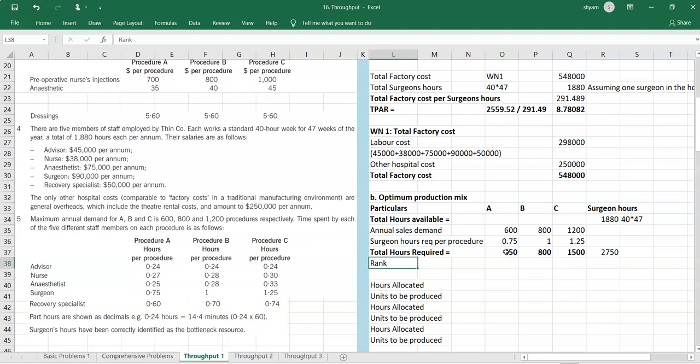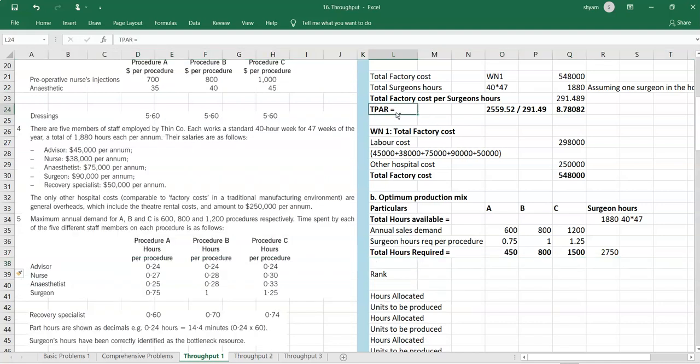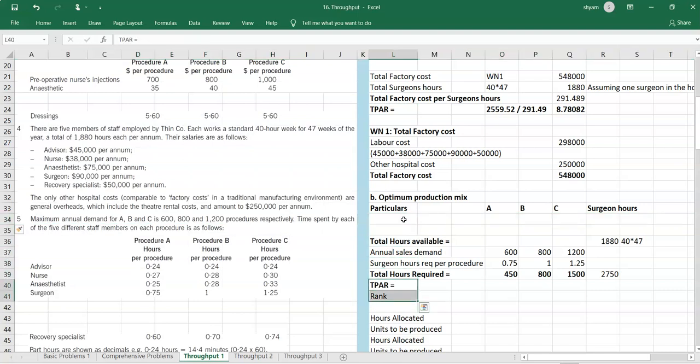We have to also find out the rank. Better we first get the TPAR and then we'll rank it. So I think we'll put TPAR and rank in the beginning itself. We know the TPAR for C is 8.78.